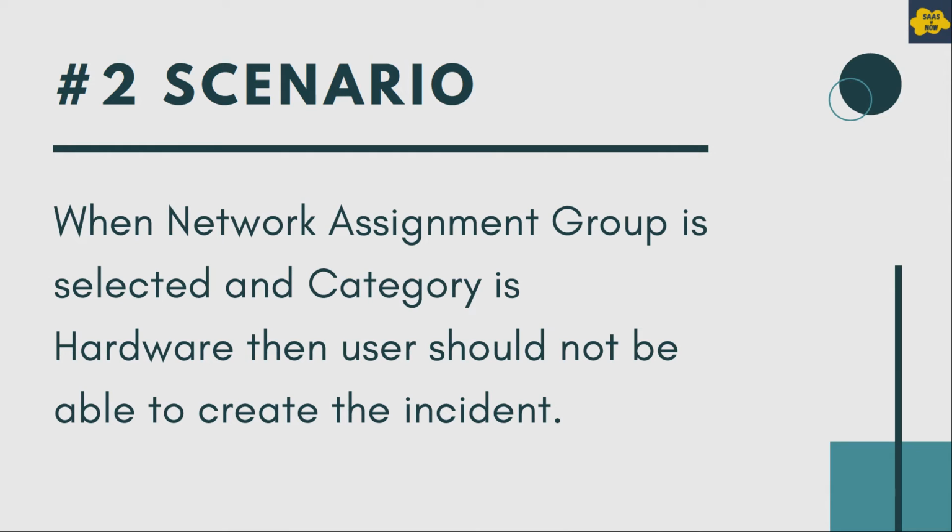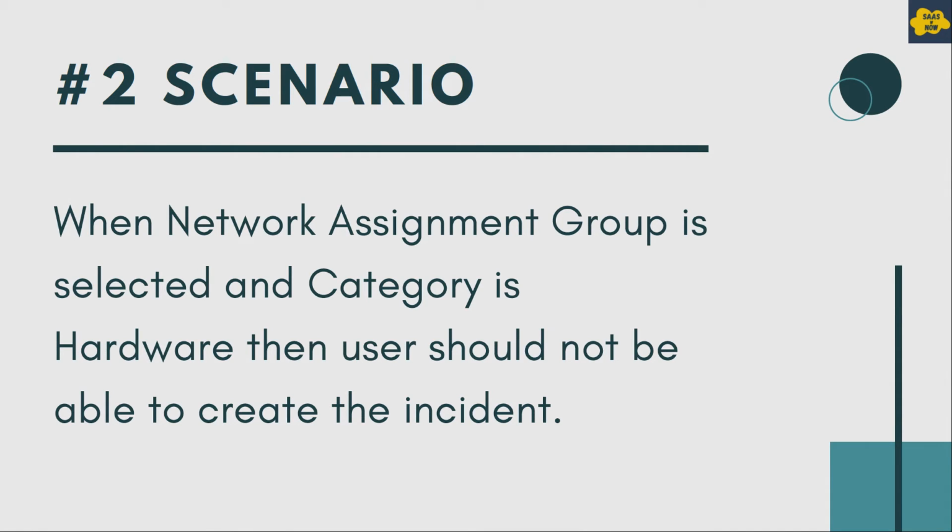In the previous example, we were just confirming with the user, but here we will not allow the user at all if he selects the network assignment group and the category is hardware. The user will not be able to create the incident, because maybe the category should be different for the network assignment group, or maybe for category hardware, the network assignment group should not be selected.